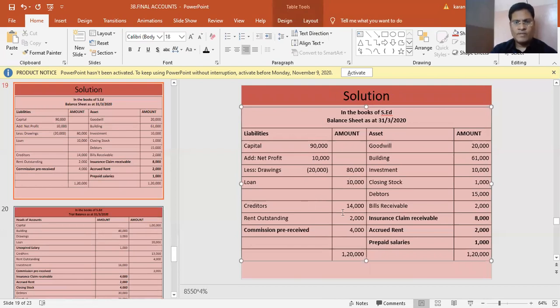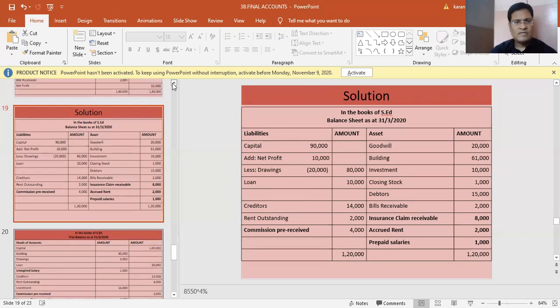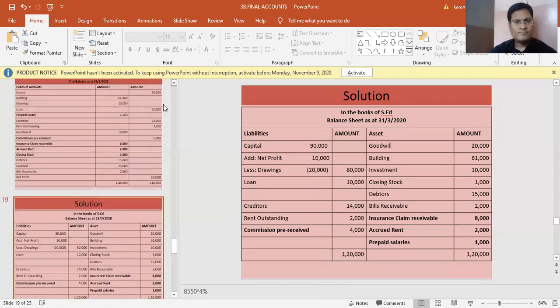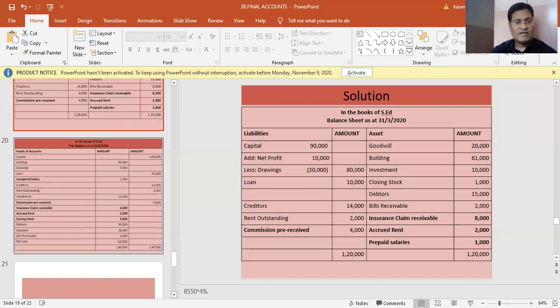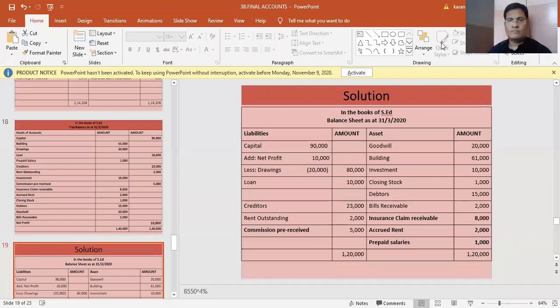Then it's creditors, which is 14,000. Creditors 14,000. Some mistakes are there.